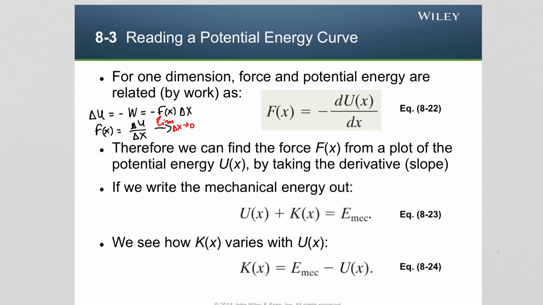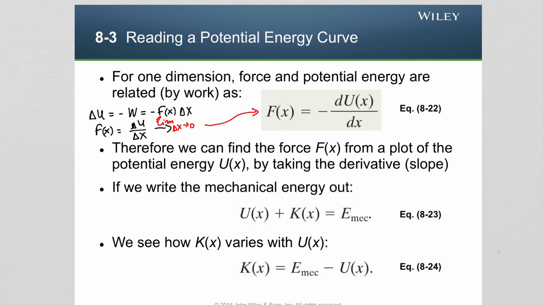So when I do that, then I arrive at the following expression. So the force as a function of position is equal to minus the first derivative with respect to position of the potential energy function.